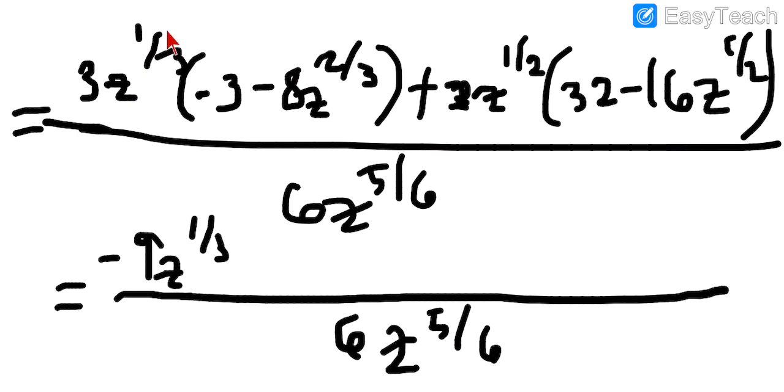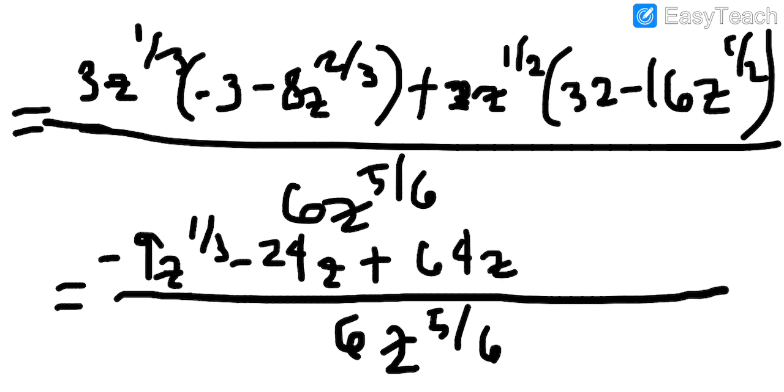Next, 3z raised to 1/3 times negative 8z raised to 2/3, that is negative 24z. Now let's distribute these. 2z raised to 1/2 times 32, we get 64z raised to 1/2. 2z raised to 1/2 times negative 16z raised to 1/2, we get negative 32z.